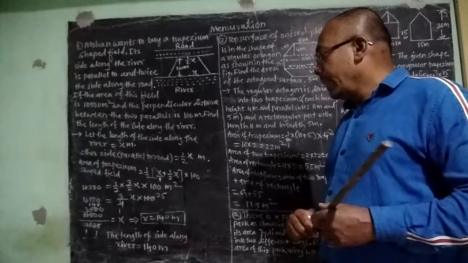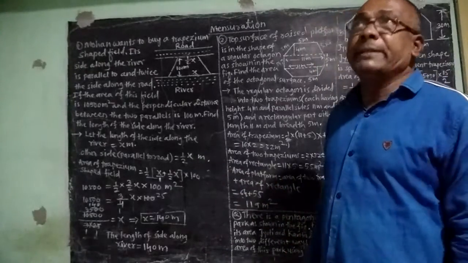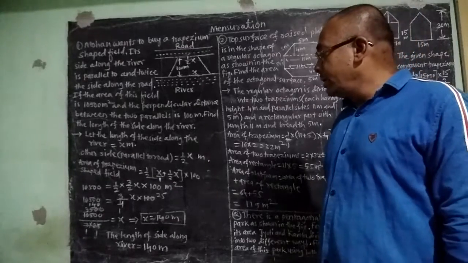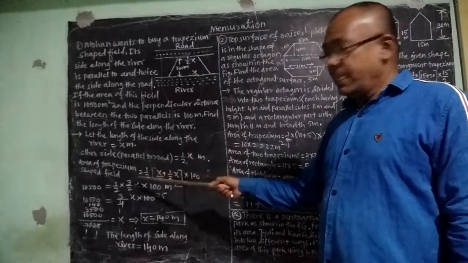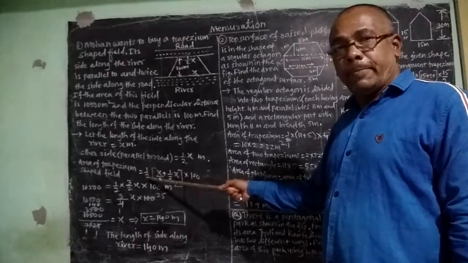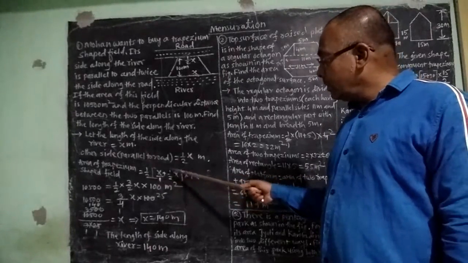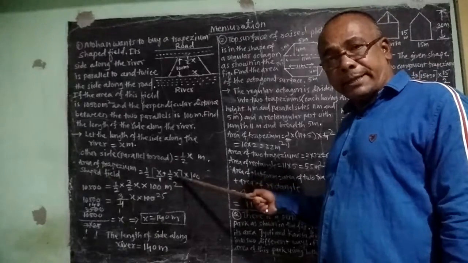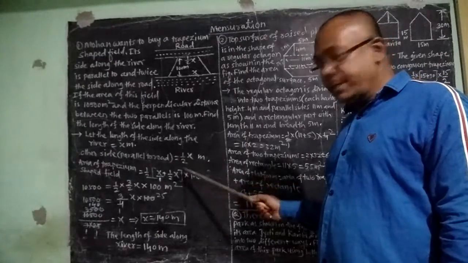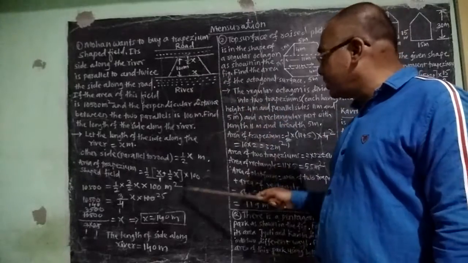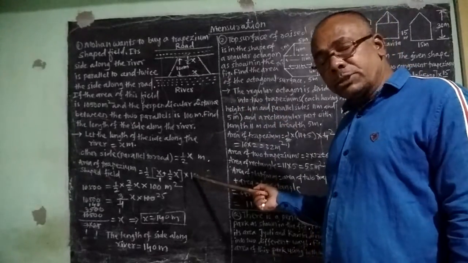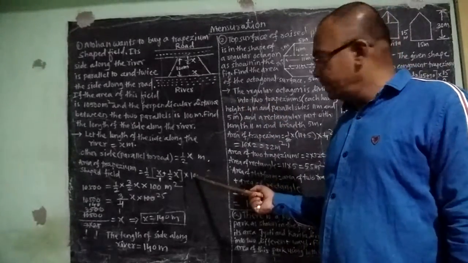Now the area of the trapezium shaped field is equal to 1/2 into bracket x plus 1/2 x bracket complete into the perpendicular distance, 100.